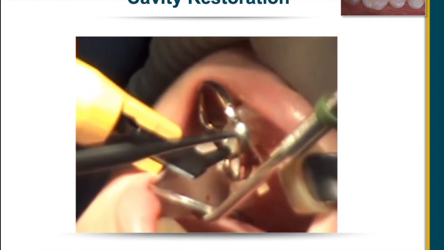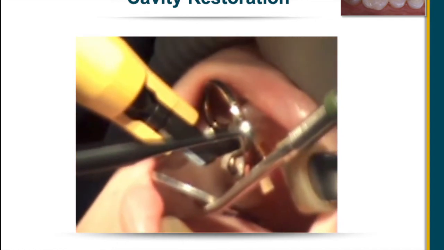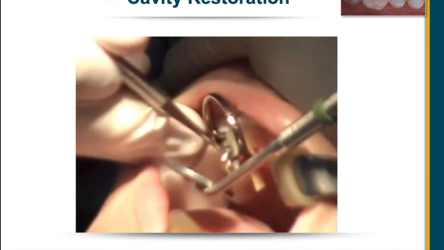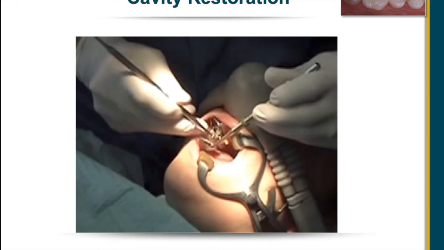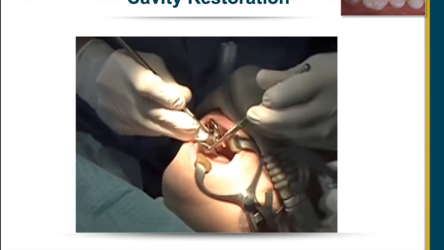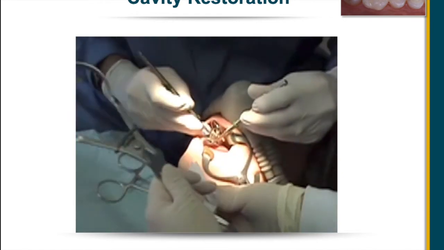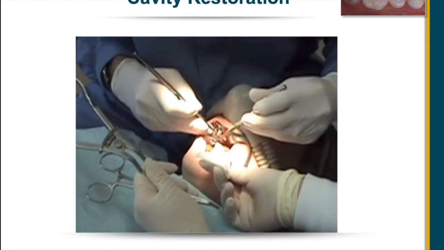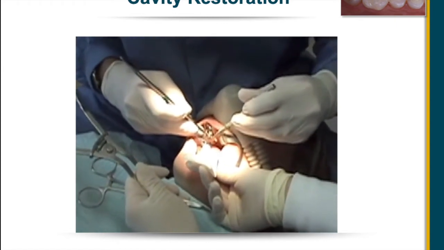Memorizing the steps of a composite filling may be difficult before you are working in an office, but once you've done the procedure a couple of times and gotten your hands in there and working, getting some muscle memory going, the procedural steps will come. It is important for you to be anticipating the next step.